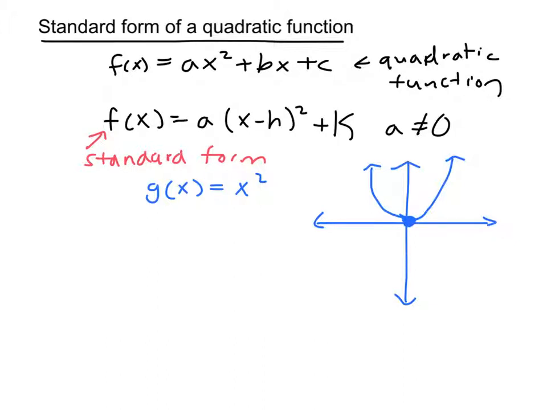So what does f of x look like? The first part is this a out front, and what we have going on is some sort of vertical stretching or compressing by a factor of a, depending on if a is a fraction or not.